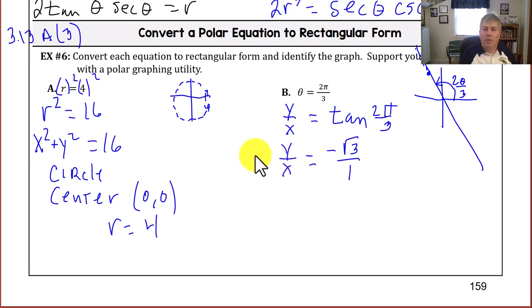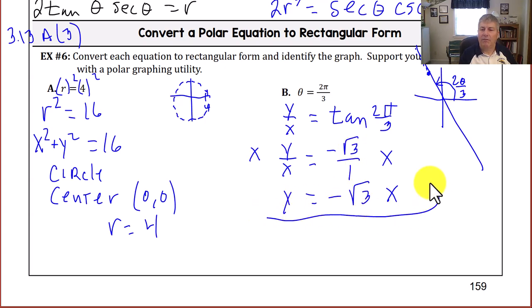If we multiply both sides by x, we get y equals negative square root of 3 x. We are in y equals mx plus b. That is an equation with a slope of negative square root of 3 and a y-intercept of 0. And since tangent is slope, sure enough, that is our final answer. We have a line that covers every theta of 2 pi over 3.